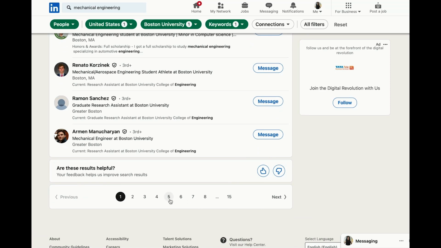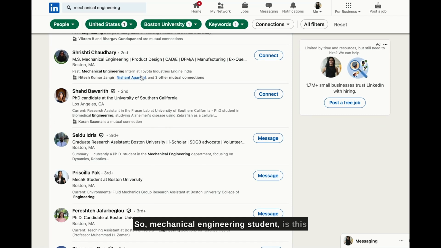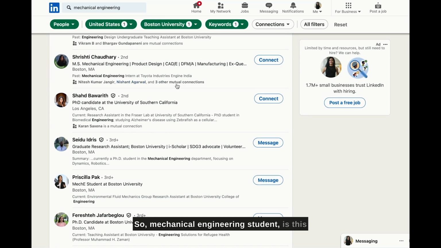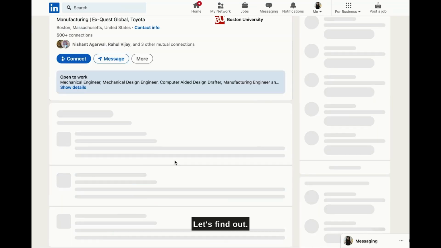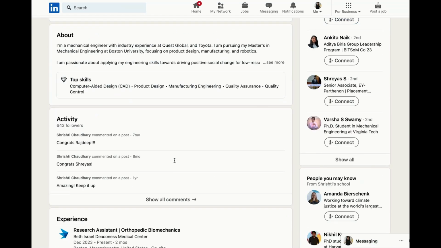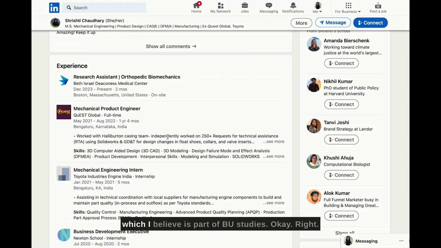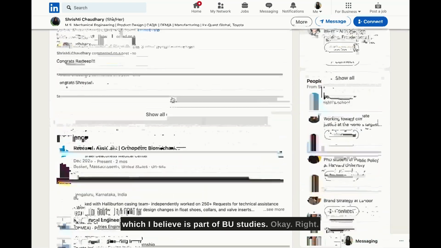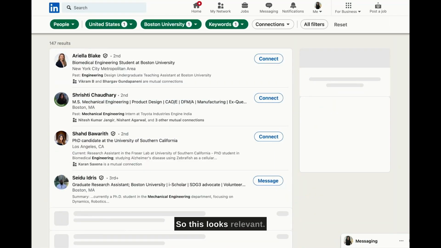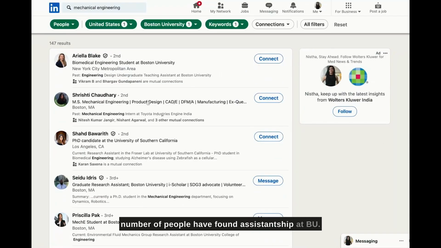Okay, great. Let's keep checking. So this mechanical engineering student, is this person also a research assistant? Let's find out. Okay, so she is a research assistant in this, which I believe is part of BU studies. Okay, right? So this looks relevant. So this tells us that almost double the number of people have found assistantship at BU.